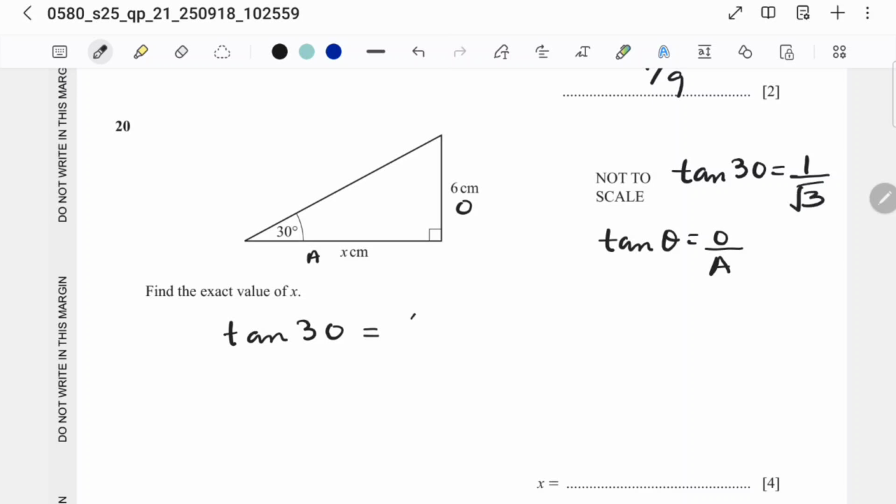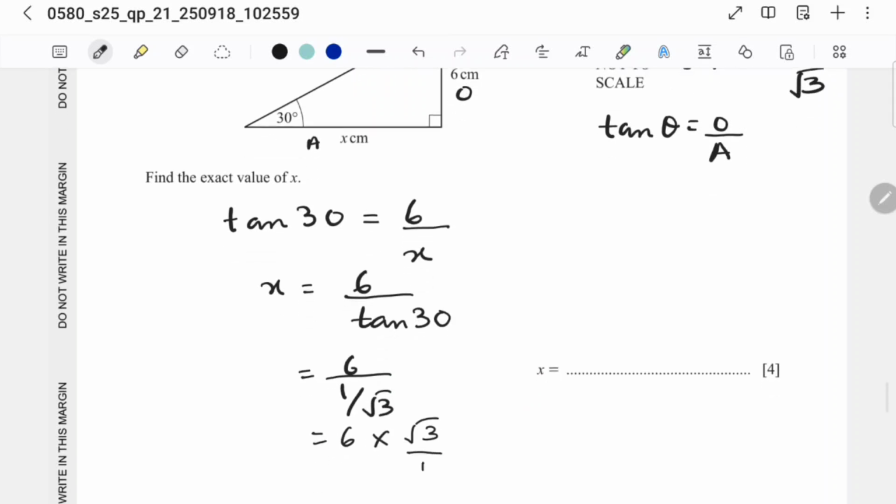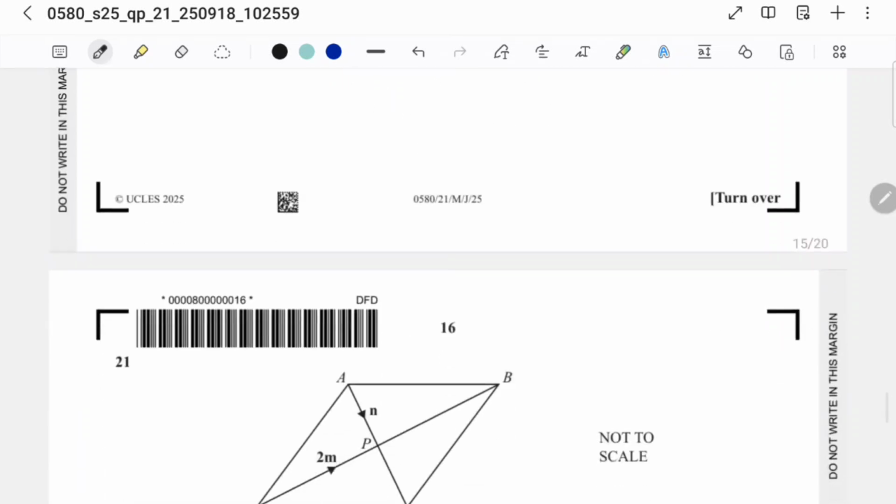Use this in the question. 6 upon x. So x is equal to 6 upon tan 30, and tan 30 is 1 upon square root 3. Okay, that is 6 multiplied by square root 3 over 1, which is equal to 6 square root 3. And it was a 4 marks question.